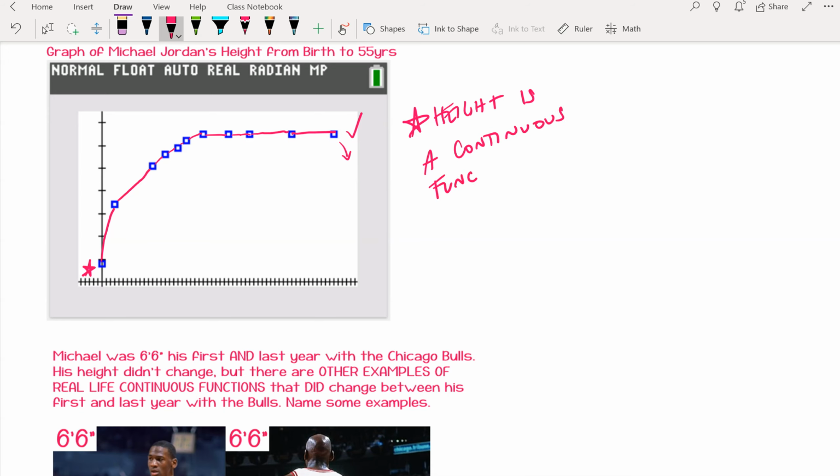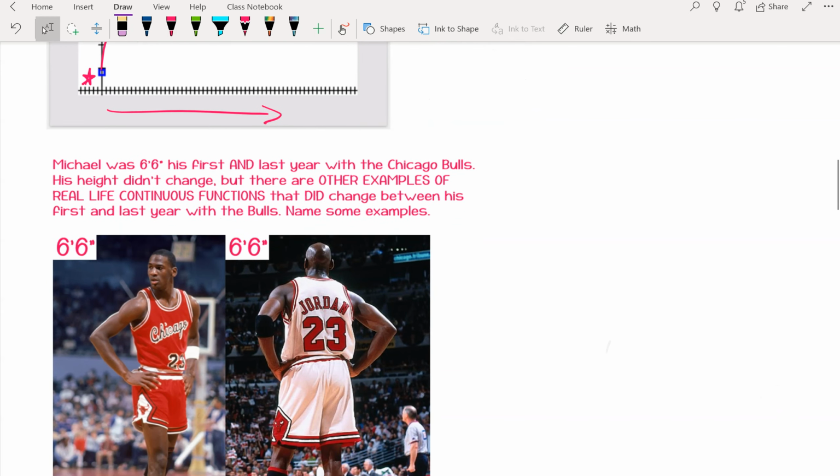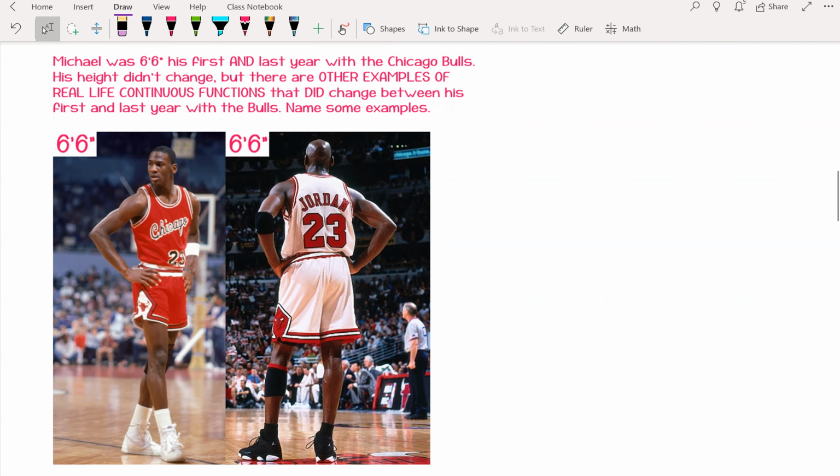And that's because you have to hit everything in between. That's what we're learning about right now. If you're continuous, you have to touch all of the heights or the y values in between as you go along the x-axis.